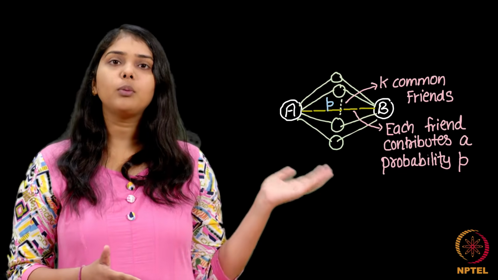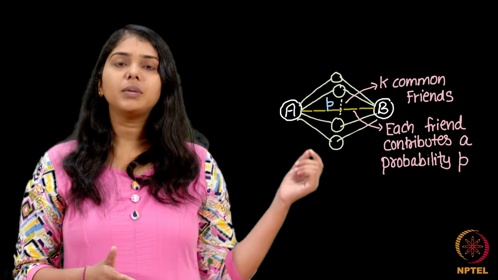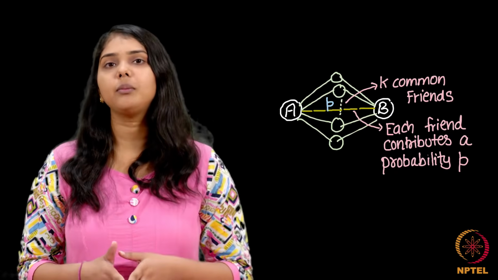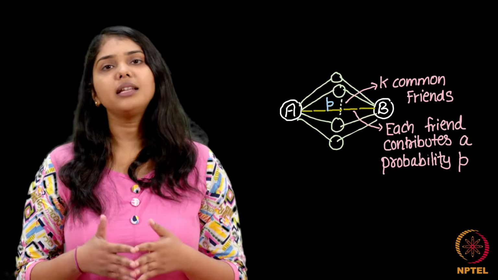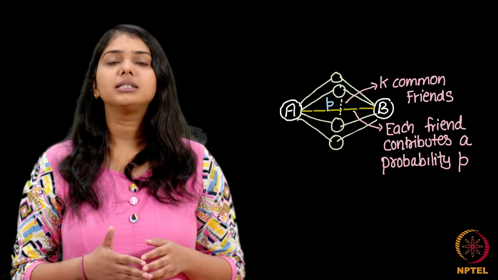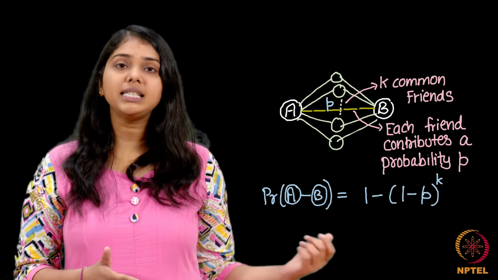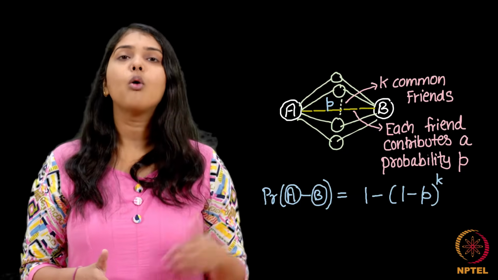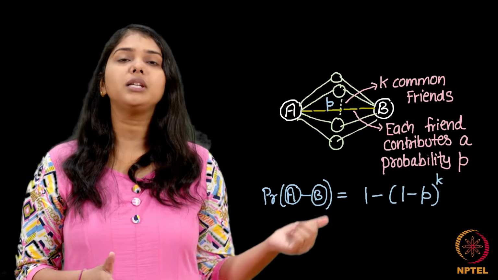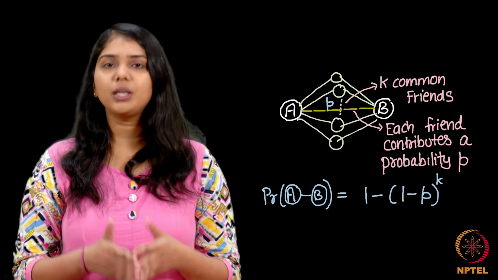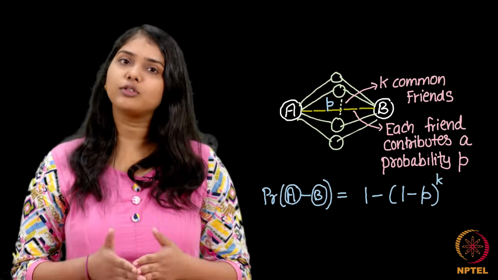Assume that it's 0.4. So one common friend says that with 40% probability these two people A and B will become friends. And then we looked at this formula: the probability that these two people will become friends in the next iteration is 1 minus (1 minus p) to the power k. So we will be using the same formula for implementing all three kinds of closures.